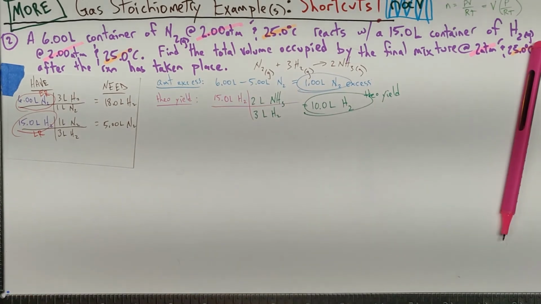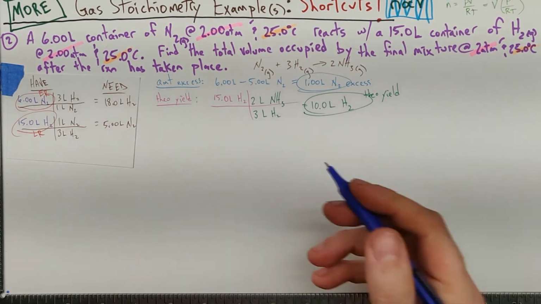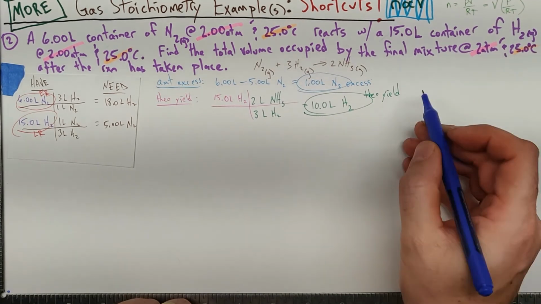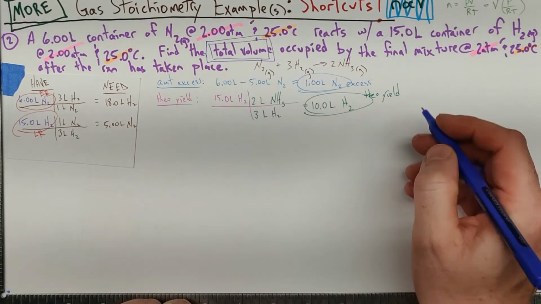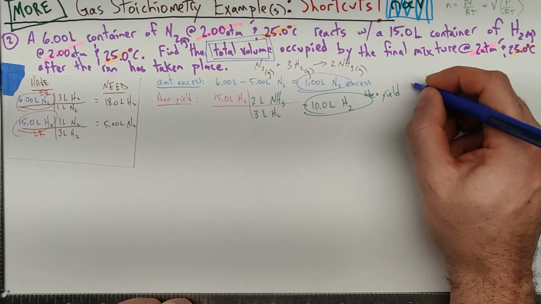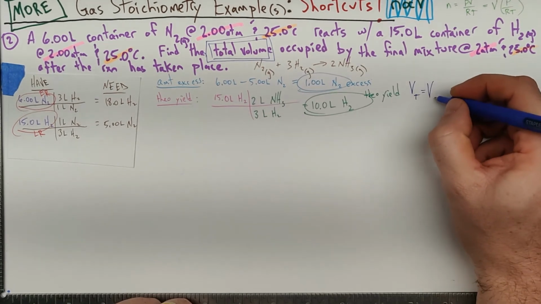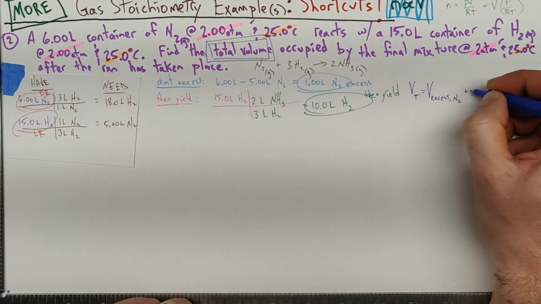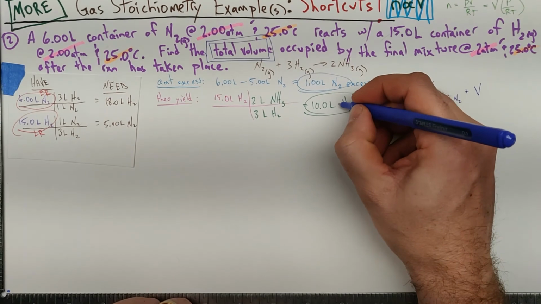With the pressure problem, we used Dalton's law of partial pressures and just added the 2 partial pressures directly. In this case, we can add our volumes directly. And we can get a total volume, and that is what we want, our total volume, by adding our volumes together. So we can take V total as the volume of our excess nitrogen and the volume, oops, that should have been NH3.